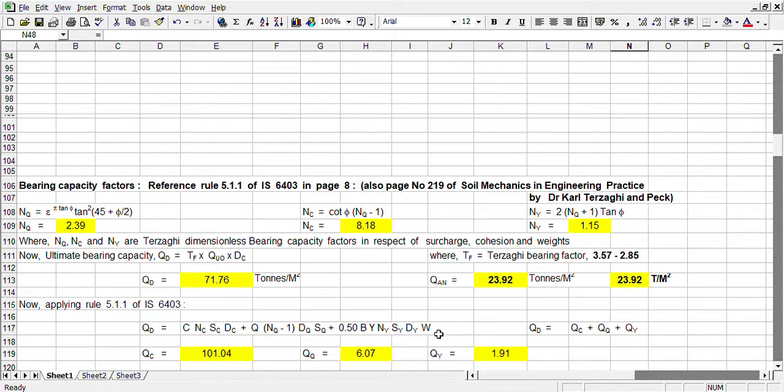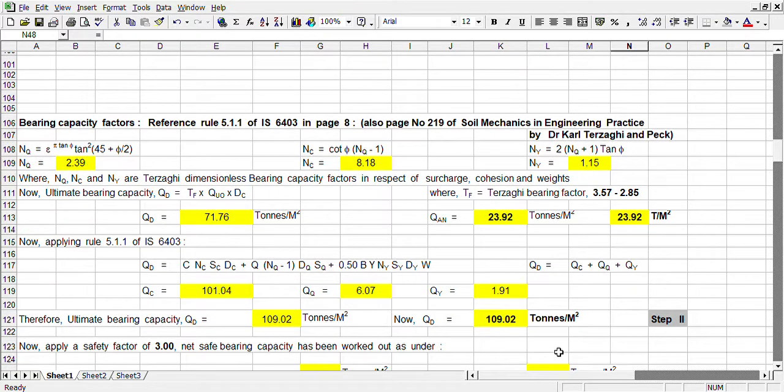So after putting in all these inputs, we are getting the first component, the cohesion component, as 101, the surcharge factor as 6.07 and the weight factor as 1.91. Therefore, the ultimate bearing capacity is 109.02.